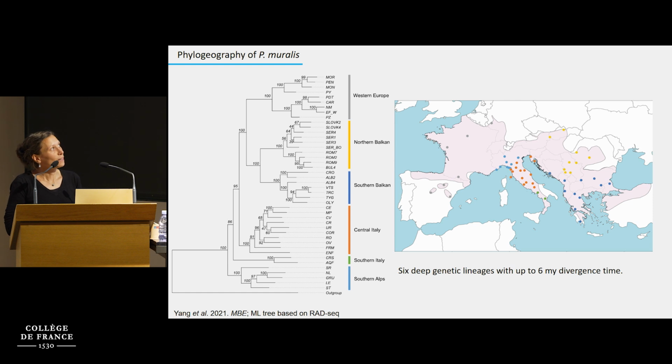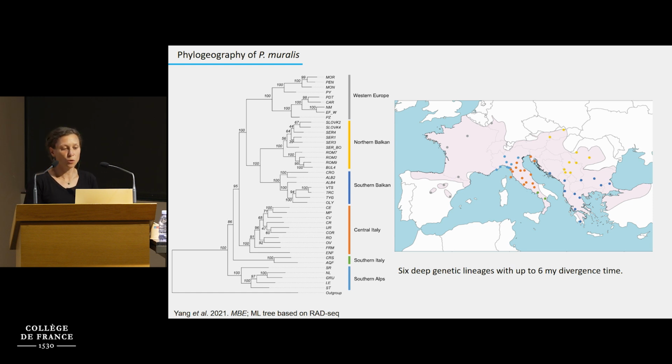So the species falls out into 6 deep phylogenetic lineages. And the study area that we're dealing with here, the northern Italian area, is actually the region where the oldest lineage, the blue lineage, the Southern Alps lineage, is meeting the central Italian lineage. And the divergence time between these two lineages is 6 million years old.